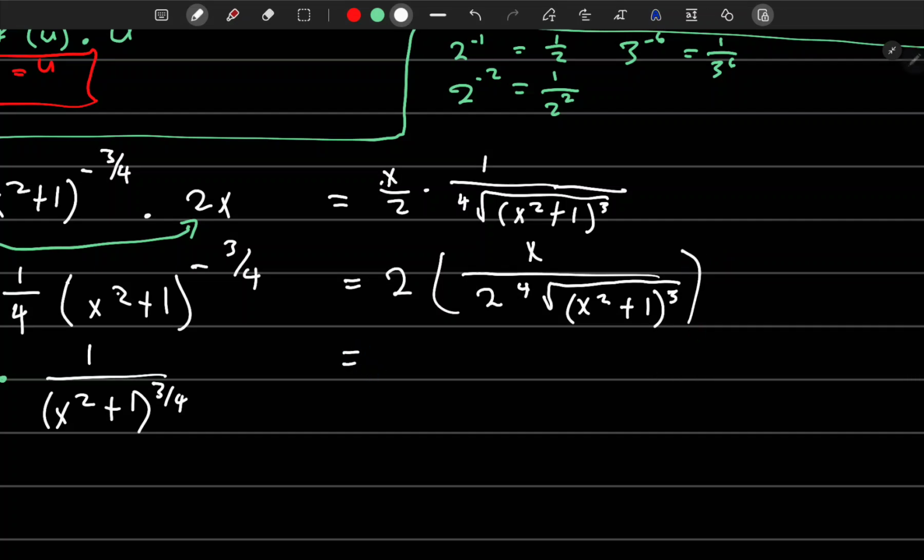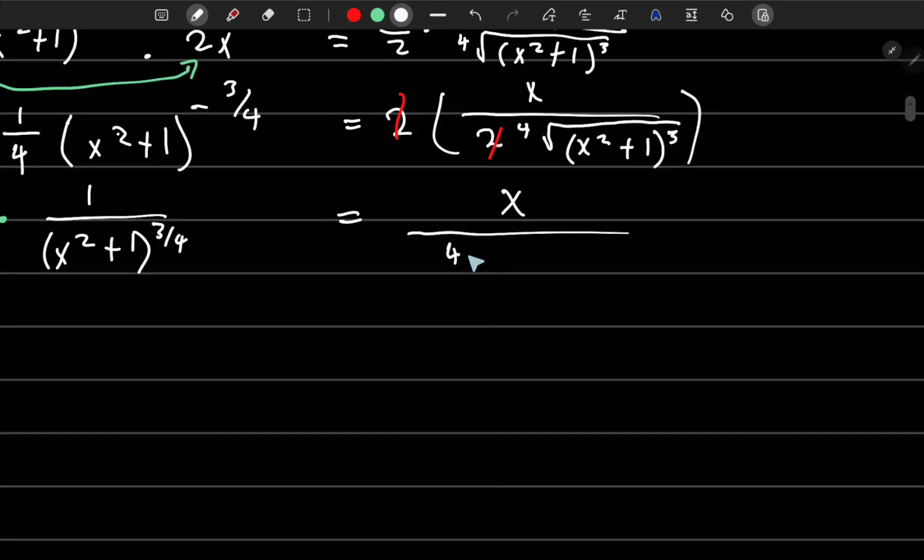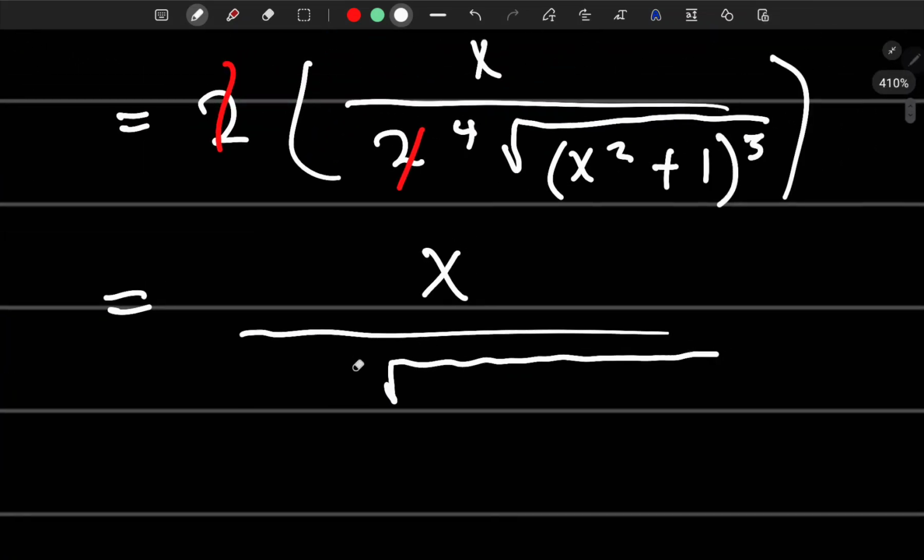Now if 2 is multiplying with that, can you see the 2 is going to go here on the top? And when the 2 goes on top, it's going to cancel out with this 2. So this 2 and this 2 will cancel. And then what I'm going to be left with is x over the 4th root of x squared plus 1 raised to the third power.